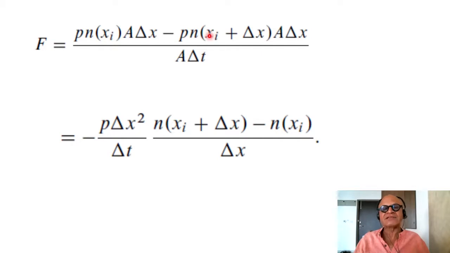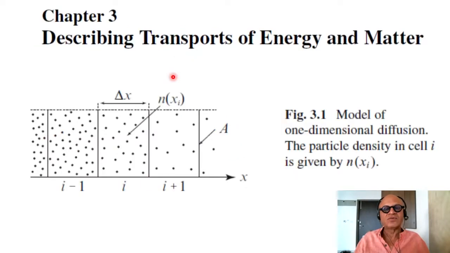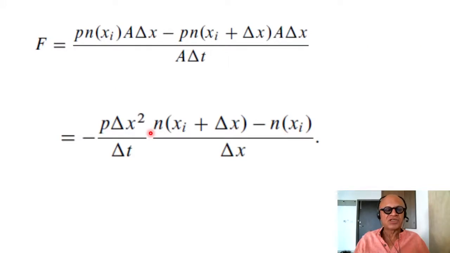n(x_i plus delta x). That's the number in the next box, and that has a probability of p times a delta x of moving in the negative direction, so that's minus, and that's happening over a time delta t, so a times delta t is the time over which particles are moving in either direction.